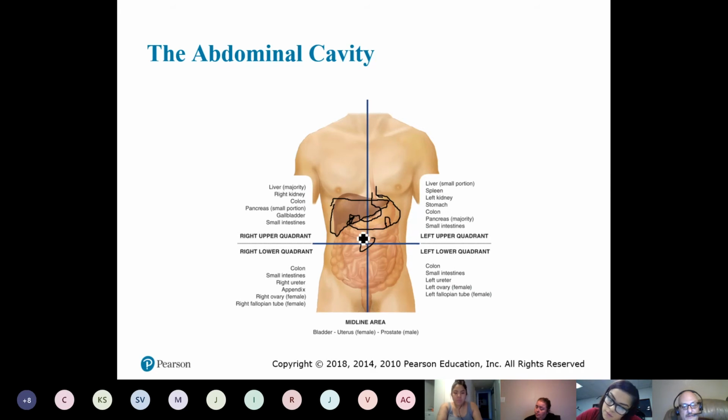Over here, we have the pancreas. Now, the pancreas is considered a right upper quadrant organ, so it initiates over here, but most of it is found left upper quadrant.